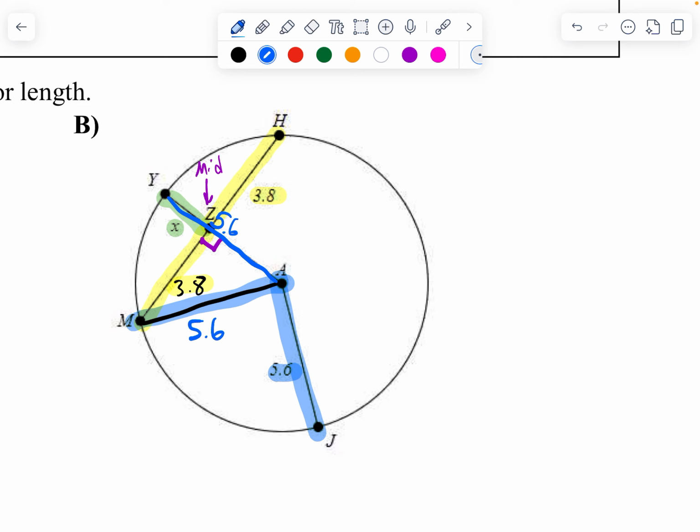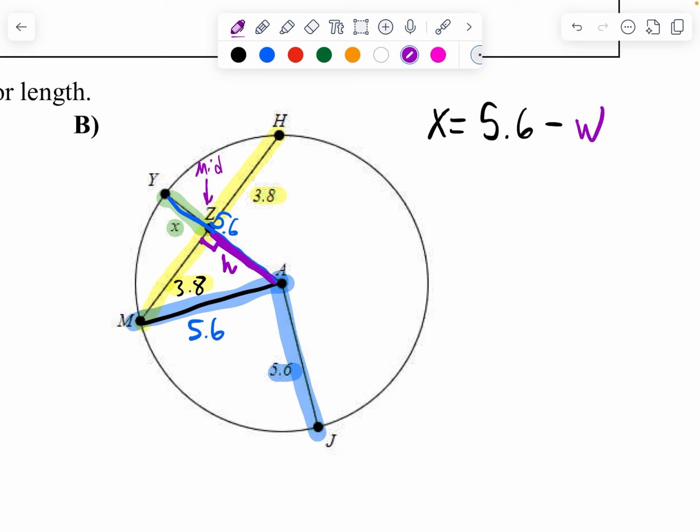Well, that means that if I can find what this last little leg is right here, right, if I subtract that out of 5.6, that finds the x, right? So x equals the radius minus that last leg in the circle. I don't know, let's call it, I'm going to use W again. W is a great letter.